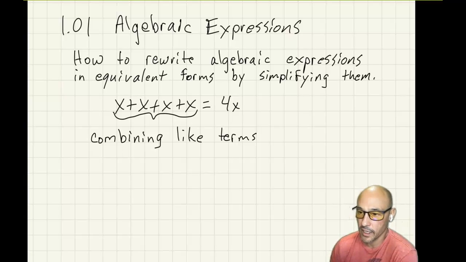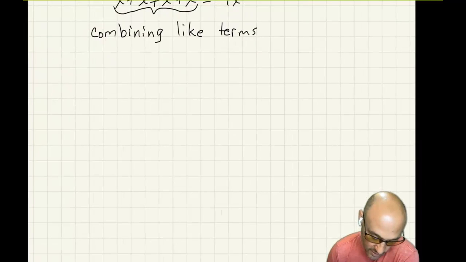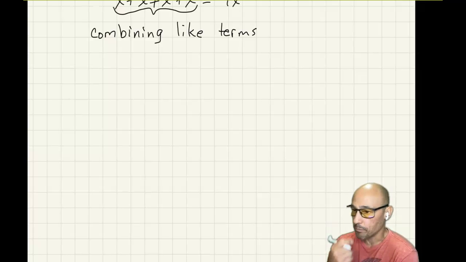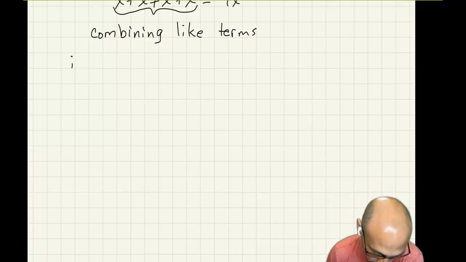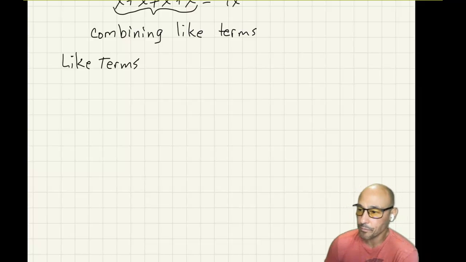Combining like terms is the first step in simplifying expressions. And exponents are an important part of like terms. So we're looking at like terms here, and we're thinking about what exponents are.